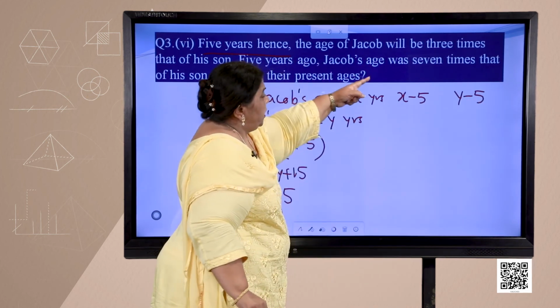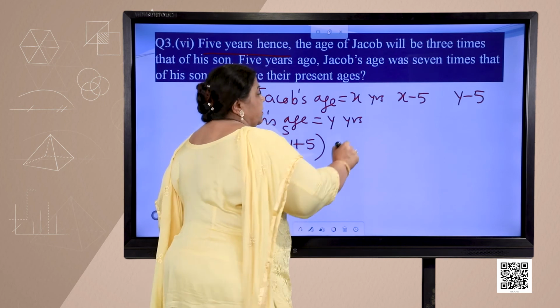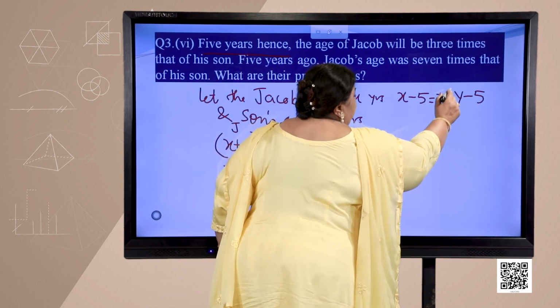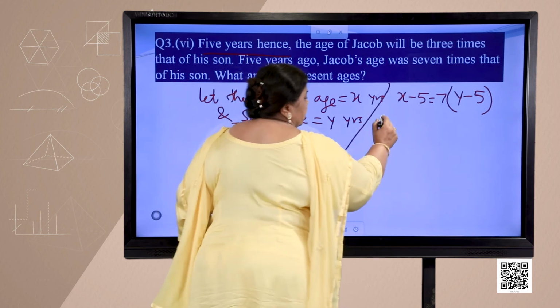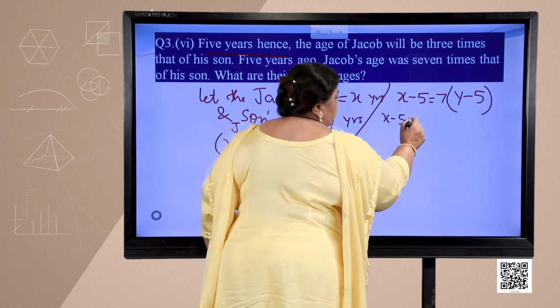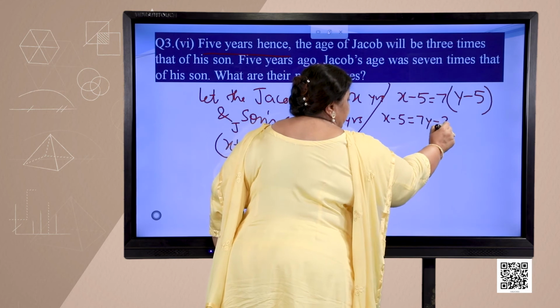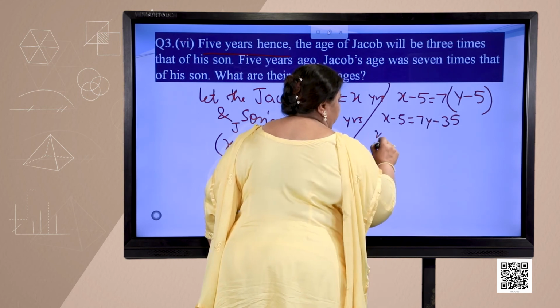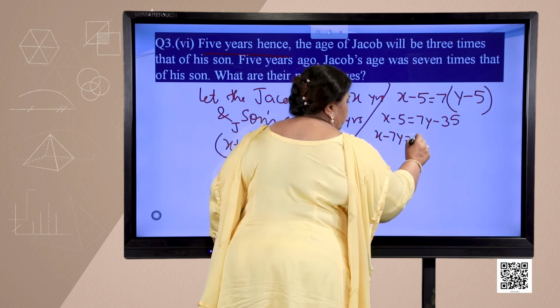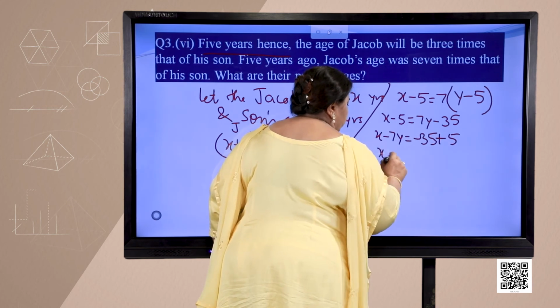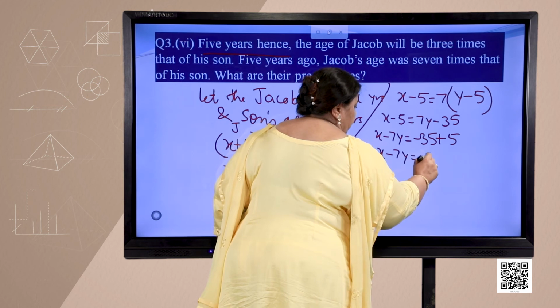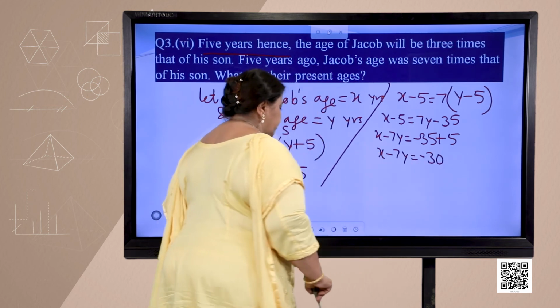He says Jacob's age was 7 times that of the son. Now, x minus 5 is equal to 7(y minus 5), that is 7y minus 35, or x minus 7y is equal to minus 35 plus 5. So, x minus 7y is equal to minus 30.